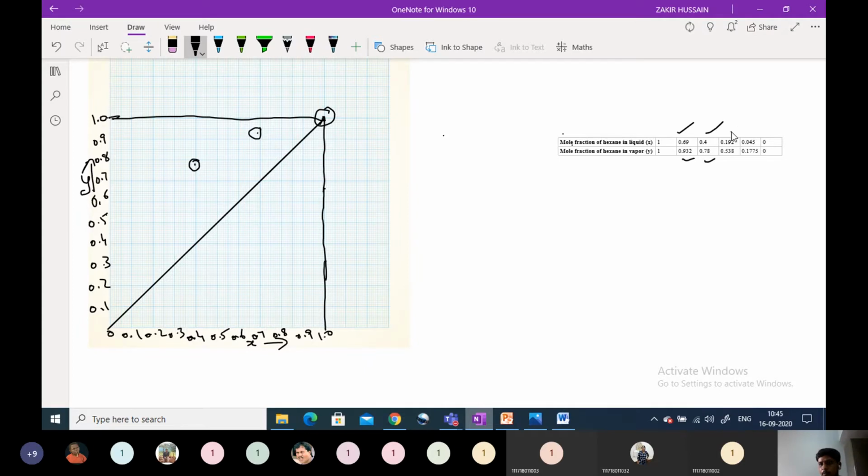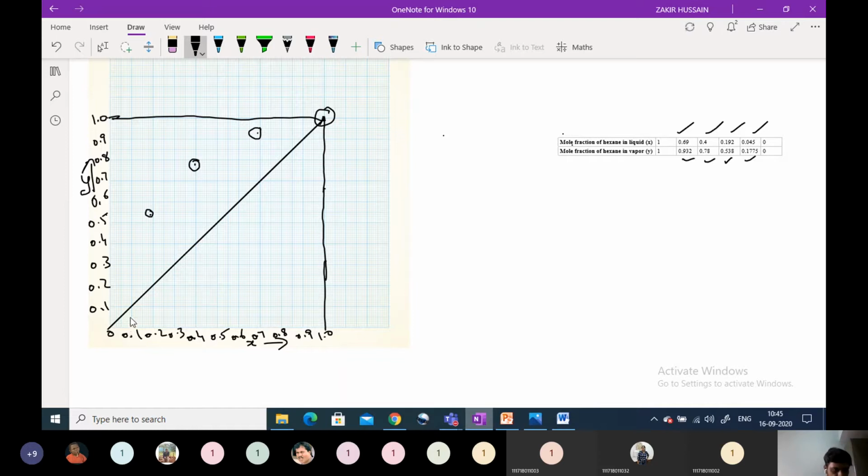Then the next data point is 0.192 and 0.538. So 0.19 is this one, and y is 0.538, almost 0.54 we can take. Then the next data point is 0.045 and 0.1775.